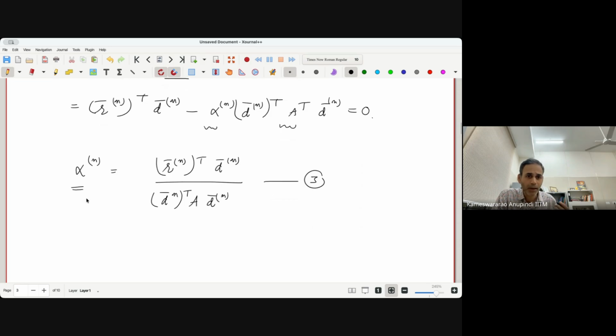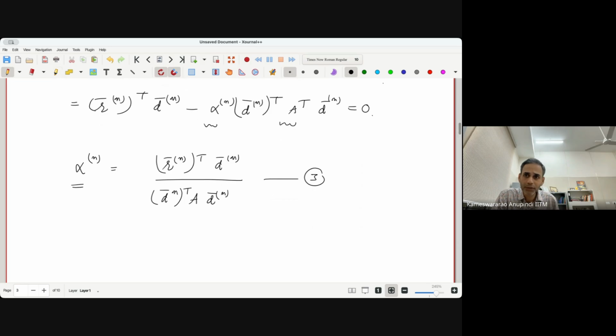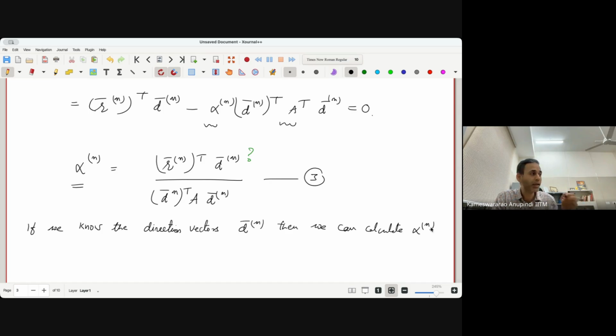But then I can only calculate alpha n if somebody tells me what the direction is. So if we know the direction vectors d bar n, then we can calculate alpha n, the step size we can take in that particular direction.